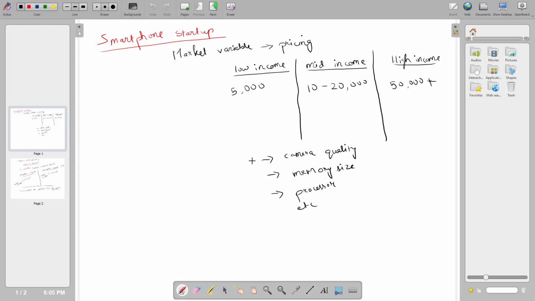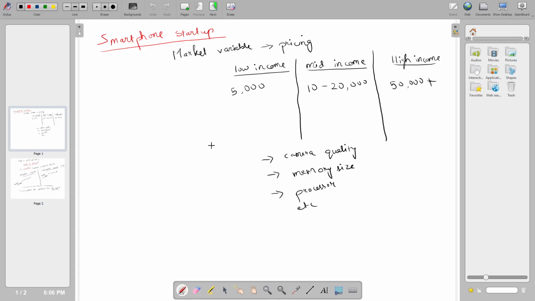Then you can consider the camera quality and the memory size. These are all market variables for a smartphone company. In market segmentation, you perform clustering techniques. You take data sets which contain some of the market variables. Since the field is very new and not every market is documented properly, you will find some data sets which cover some of the variables, and then another data set which covers others.